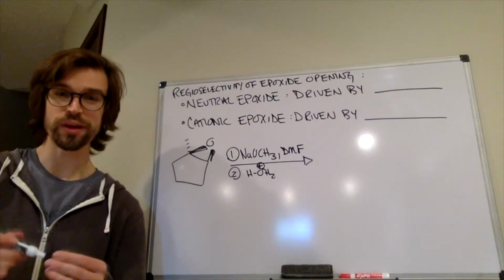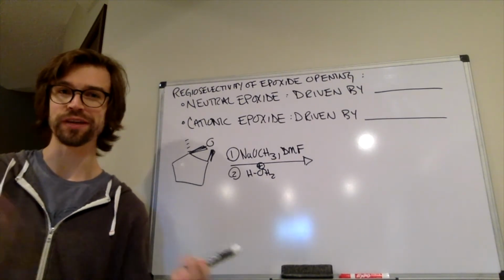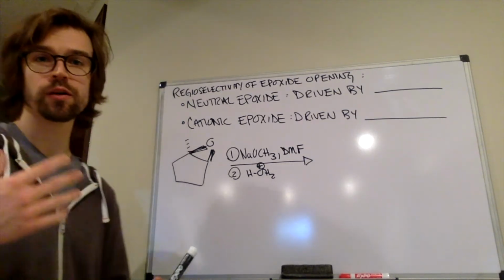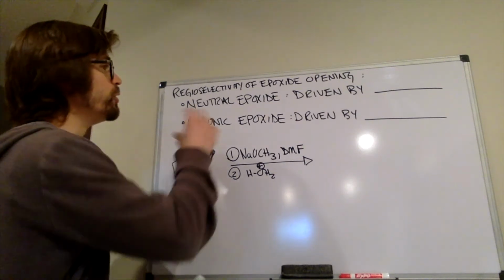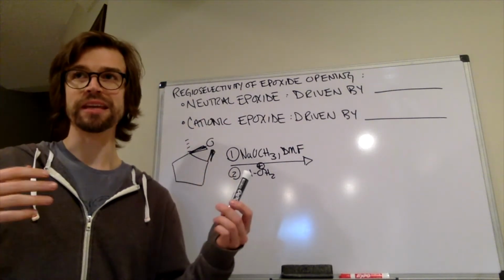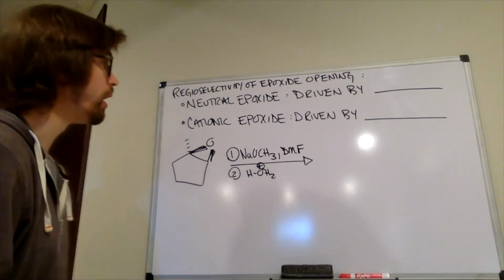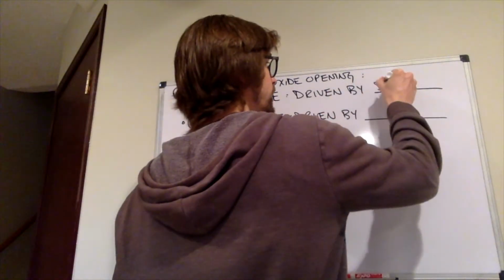All right, now we're going to recap our overview of epoxide opening under different conditions, and we're going to do some predict the product. So what did we see in the last video about opening epoxides? Well, a neutral epoxide needed a strong nucleophile to open up, and that process was driven by sterics.